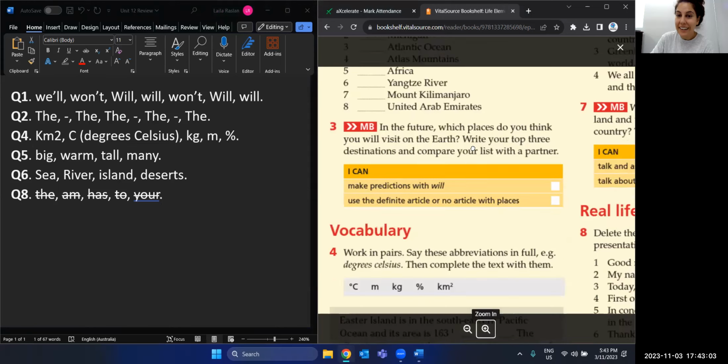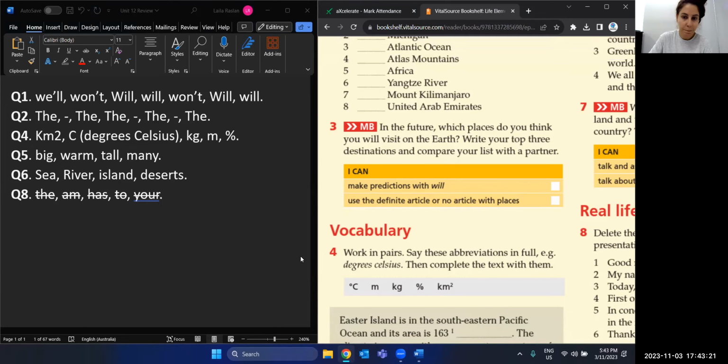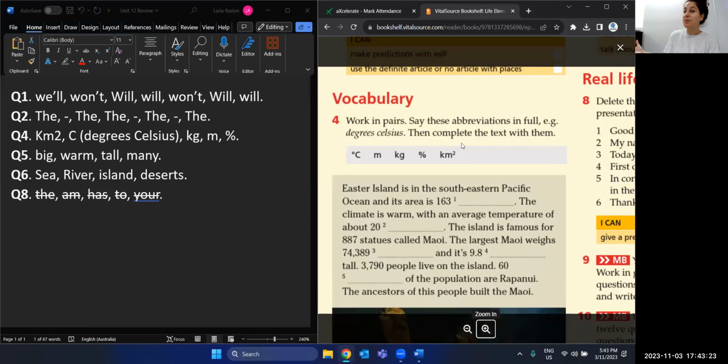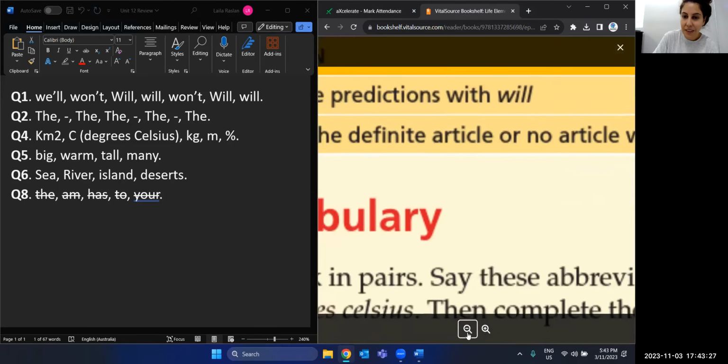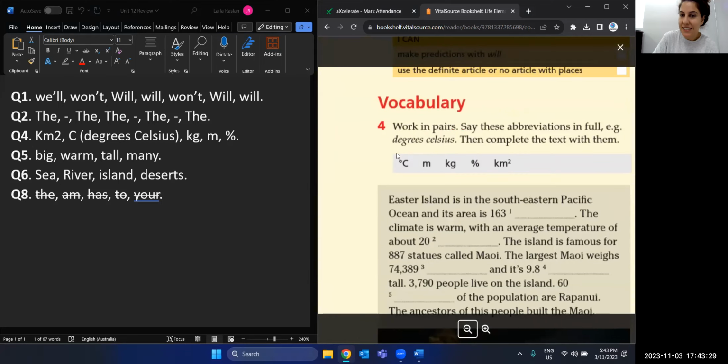Okay, so now we know how to make predictions with will. We can tick that. We know how to use the definite article, that's the, or no article with places. We looked at measurements. So remember, we've got Celsius, degrees.